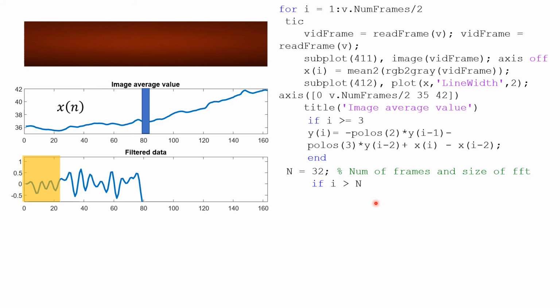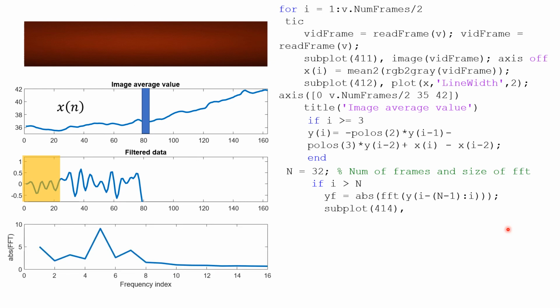I have to wait until those arrive, and I'm going to compute the Fourier transform of that block, of that segment. I'm going to plot it, as you can see there, and the information that I'm looking for is the location of the peak. As you can see here, the peak occurs at position 5. This is a frequency index, so position 5 indicates the frequency that I need to estimate.